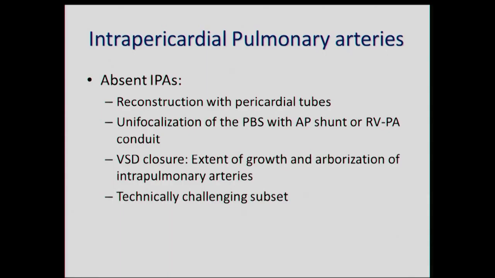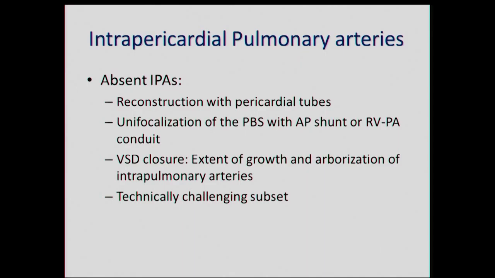So absent intrapericardial pulmonary arteries means that you need to reconstruct these arteries with a pericardial tube, do unifocalization, because most of them will be associated with multiple aortopulmonary collaterals, and then construct an aorticopulmonary shunt or RVPA conduit, and subsequently go ahead with VSD closure depending upon the extent of growth and arborization of intrapulmonary arteries.